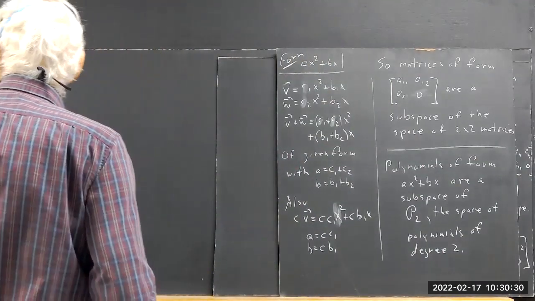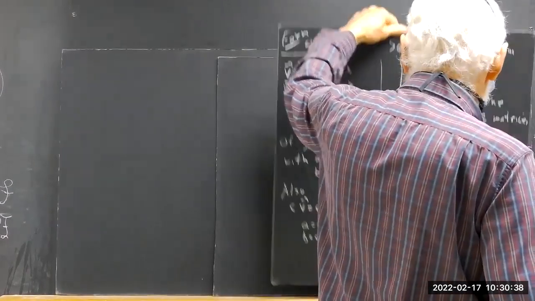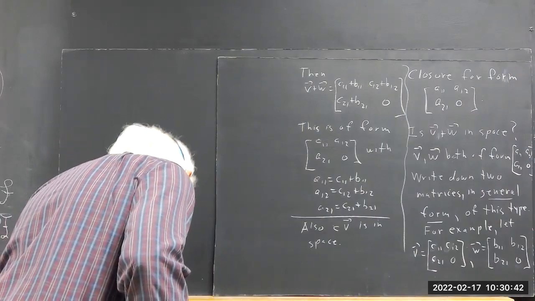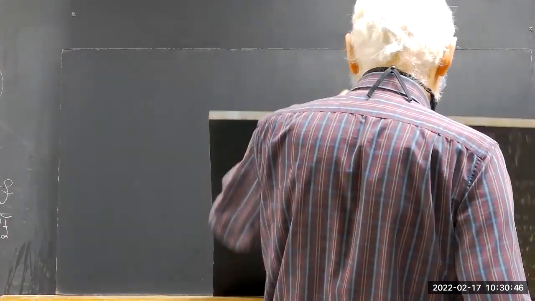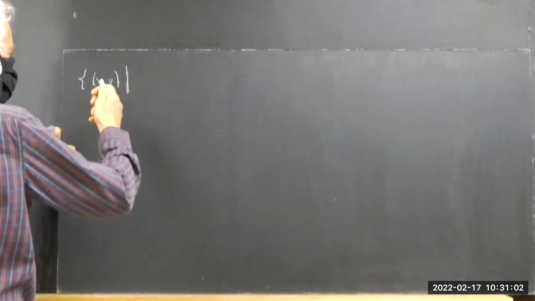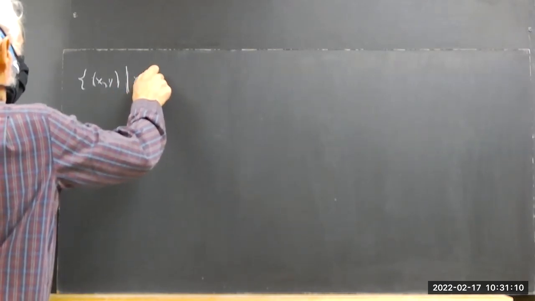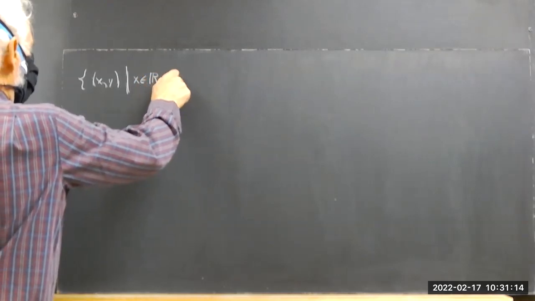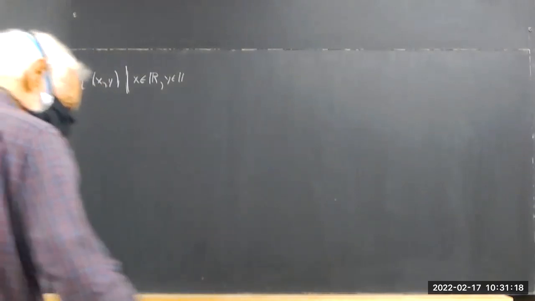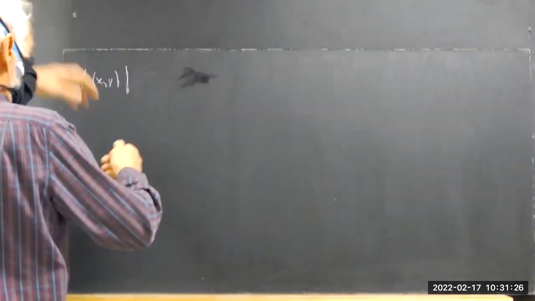So let's say this, the set of ordered pairs such that, assuming X and Y are real numbers.